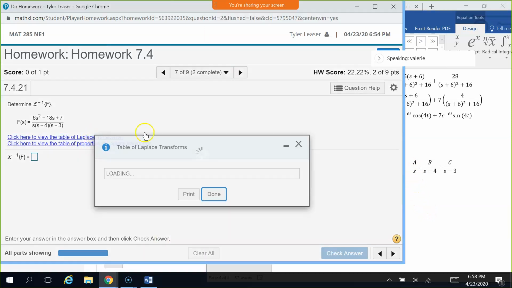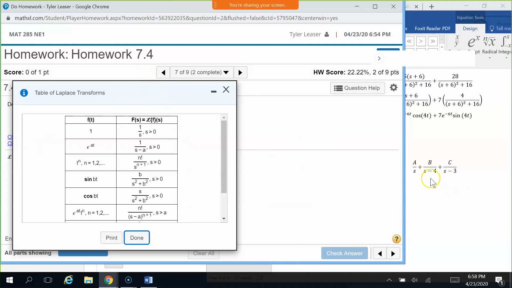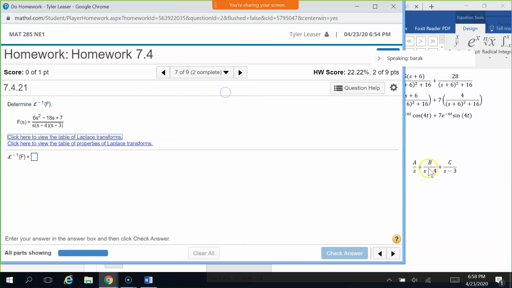And then once you have the 3 constants, then you're just going to have a constant over s, which has to be this first one, and then a constant over s minus 4, which is the second one, constant over s minus 3, which is also the second one here. So once you actually do the partial fractions, it's not too bad. It's just finding the a, b, and c that can be annoying.